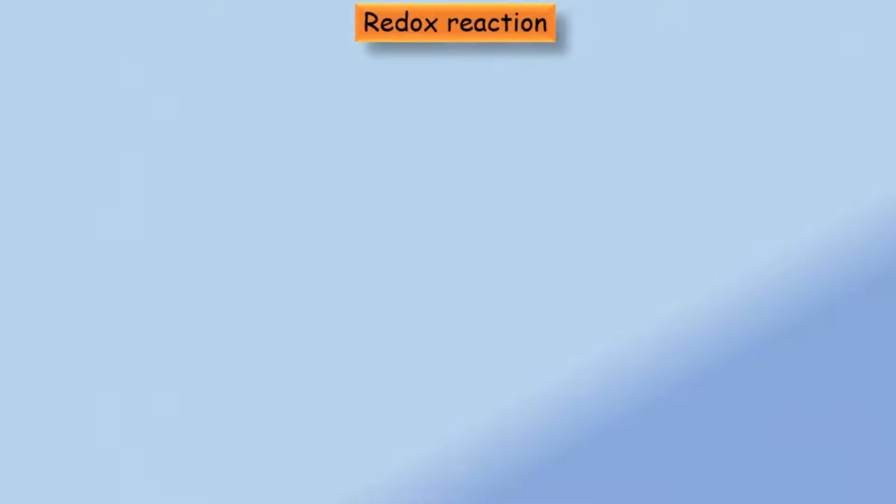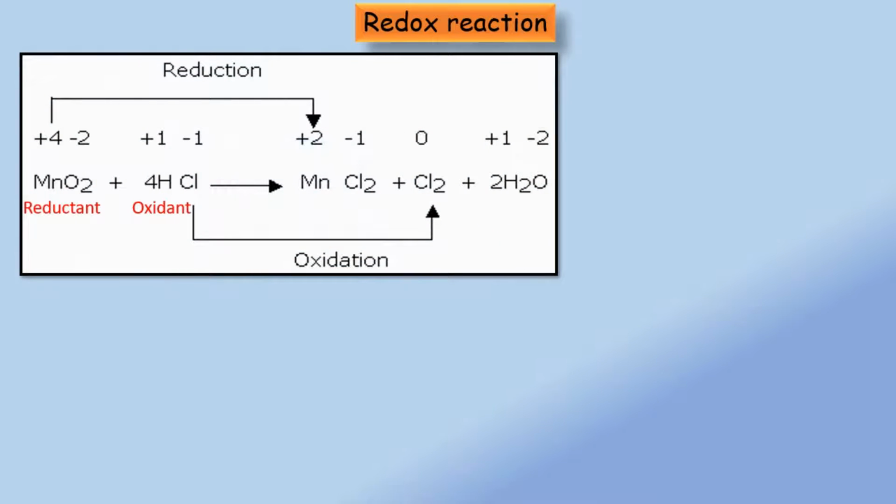Let us discuss some more redox reactions. Here in this reaction, MnO2 reacts with HCl to form MnCl2 plus Cl2 and water. Here MnO2 loses oxygen, so we can say MnO2 undergoes reduction.